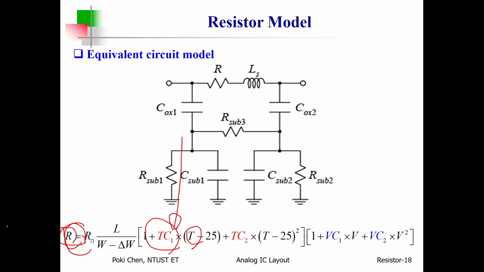No way. What you can do is to make your circuit depend on relative resistance instead of absolute resistance. For example, if the gain looks like this, then you don't need to worry, only if you match the layout for both R1 and R2.